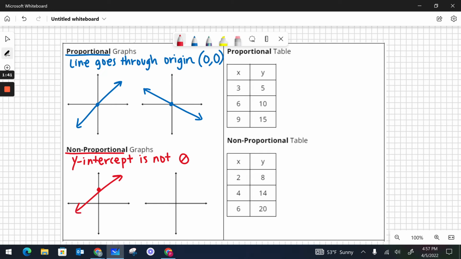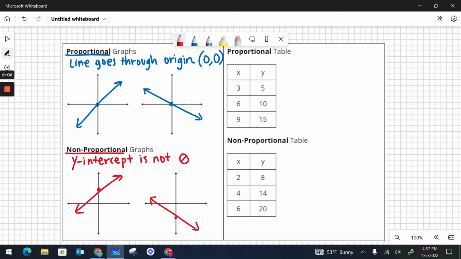That's a non-proportional relation. Or the y-intercept could be a negative number, like down there, and the line could go something like this. Those are both examples of non-proportional relations.